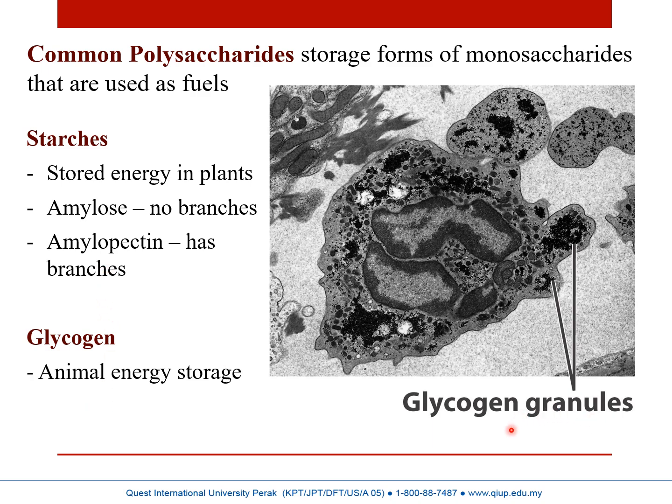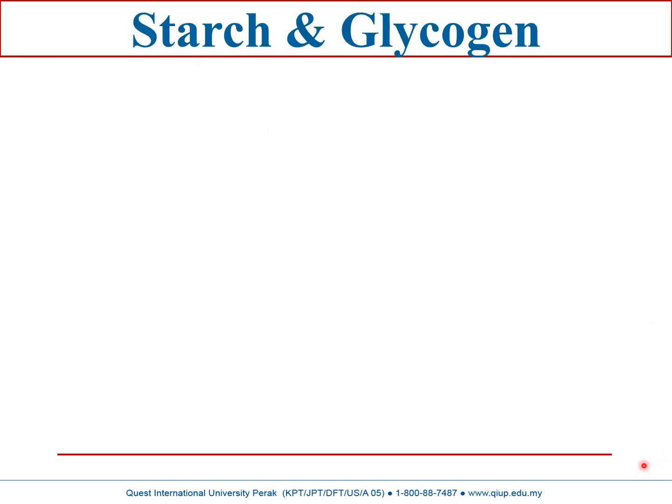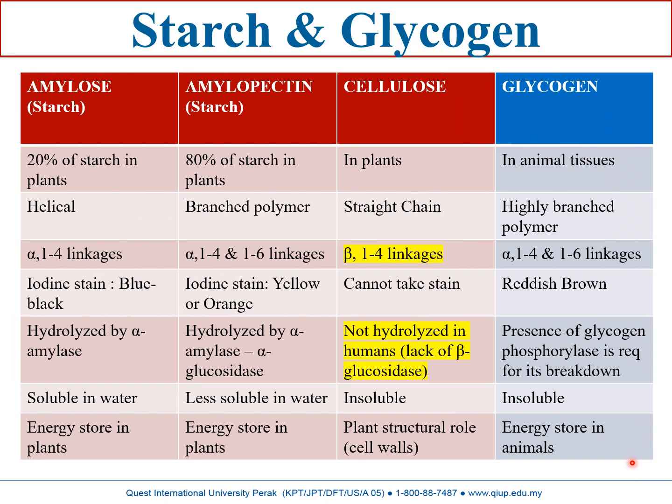And shown here, the glycogen granules could be in either myocyte, which is muscle, or hepatocyte, which is liver. A nice comparison in table form on starch, which is made up of amylose and amylopectin, 20% and 80%, and they are found in plants.